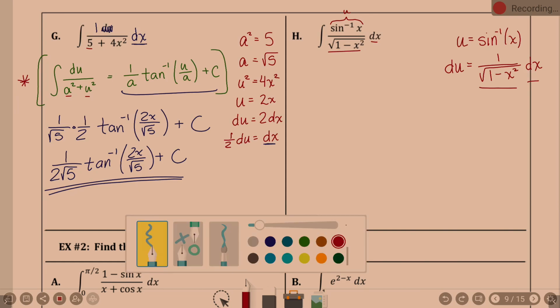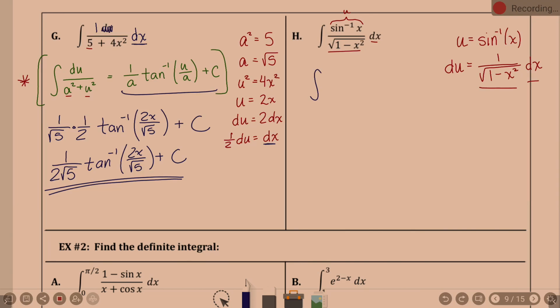So when we rewrite this, there's going to be a u on top, right, for sine inverse x. And then what is the square root of 1 minus x squared in the denominator dx going to be replaced with? Du. So this one works out really nicely in that your u and your du take care of everything. So what is the integral of u?